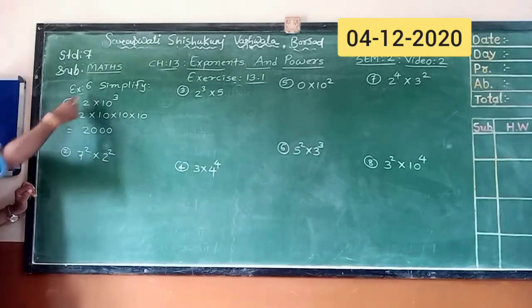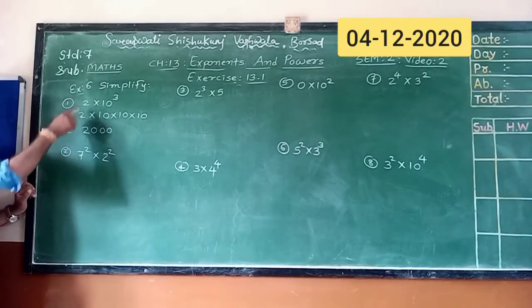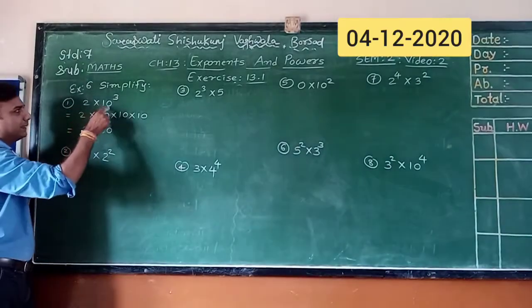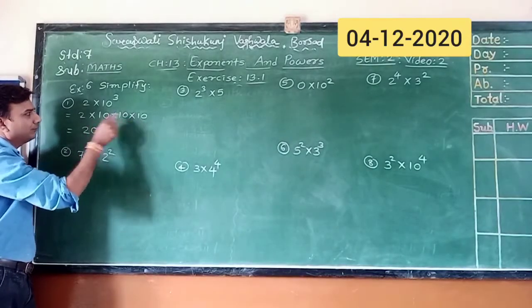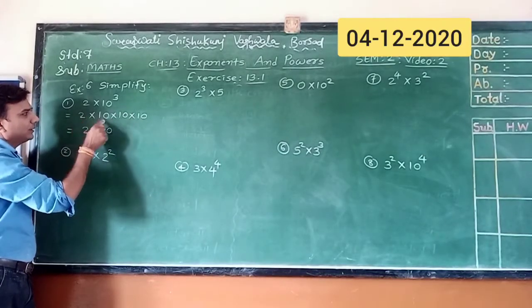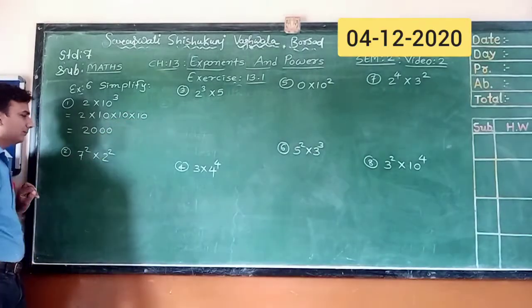So this simplification is 2000. Once again, 2 multiply 10 cube means we have to write 10 three times. Multiplication: 2 10s are 20, 20 2s are 200, 10s are 2000.